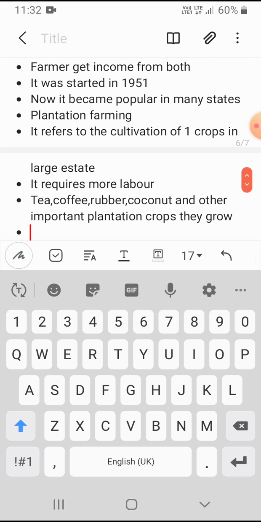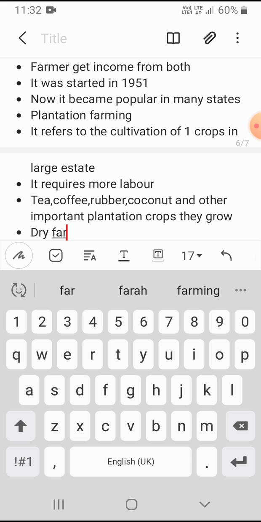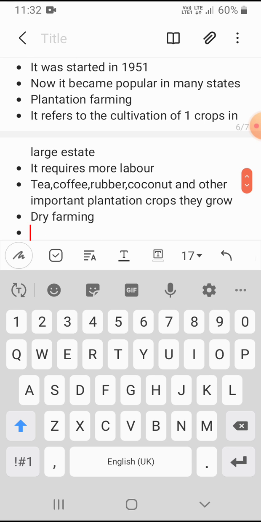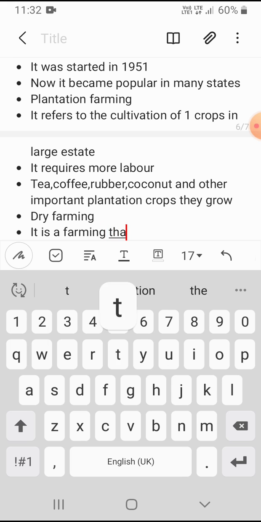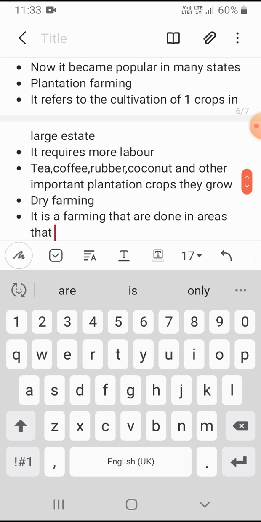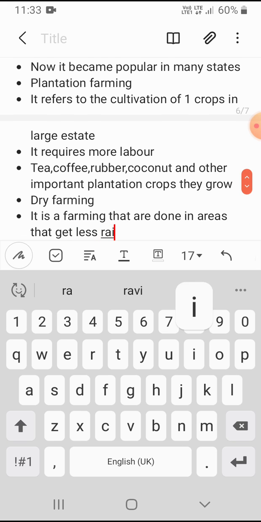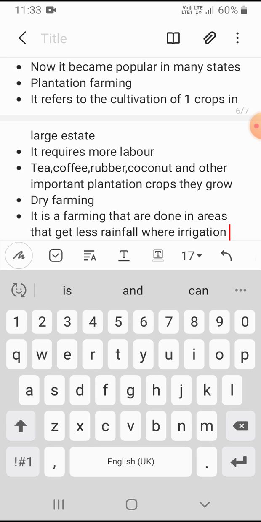Next is dry farming. It is farming done in areas that get less rainfall, as you learnt in your rain chapter, like Gujarat and other places, where irrigation, the artificial supply of water, is limited.